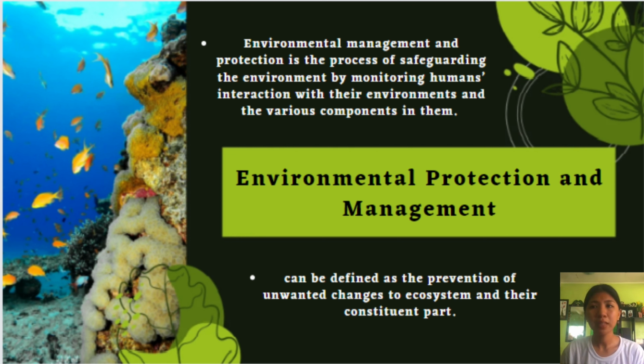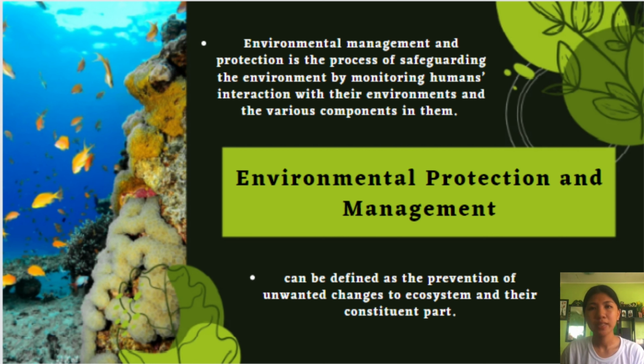So environmental protection and management is also the process of safeguarding the environment by monitoring human interaction with the environment and the various components in it. It can also be defined as the prevention of unwanted changes to the ecosystem and its constituent parts.